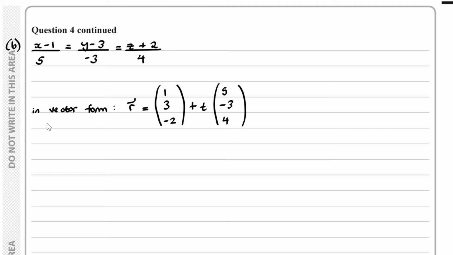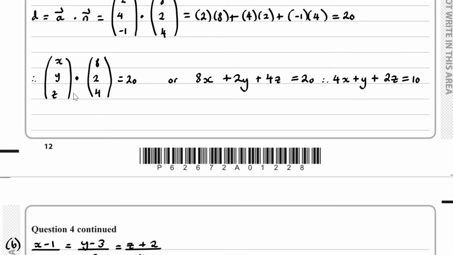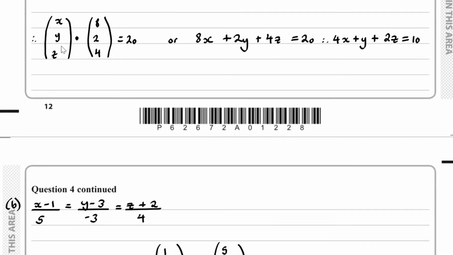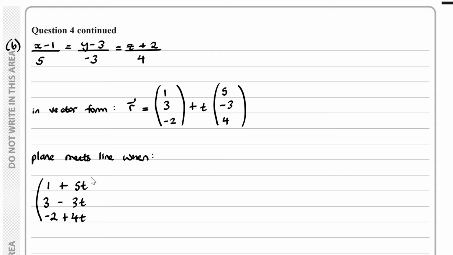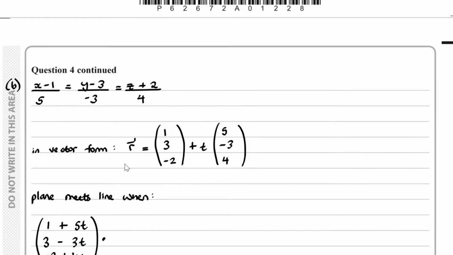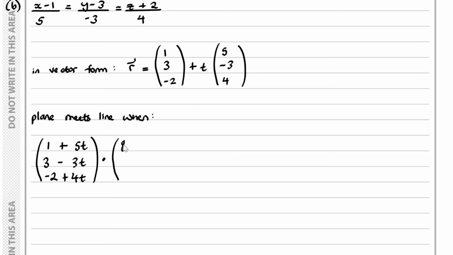And we can therefore compare this with our plane over here by simply recognizing that the plane meets the line when 1 plus 5t, 3 minus 3t, minus 2 plus 4t, dot product with 8, 2, 4, equals 20.